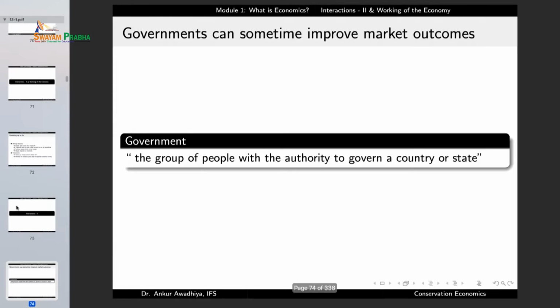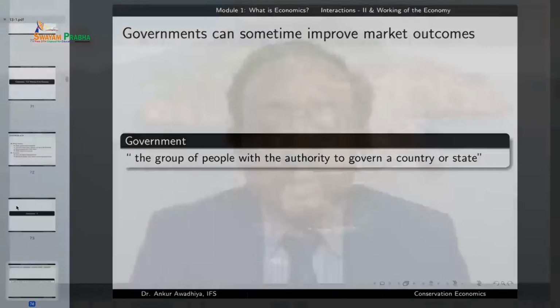Then we also observed that governments can sometimes improve the market outcomes. So we are not saying that markets are the final solutions for everything, because in a number of cases the markets can bring the society to a suboptimal level, especially because the markets do not consider externalities. And so the government needs to step in certain cases.